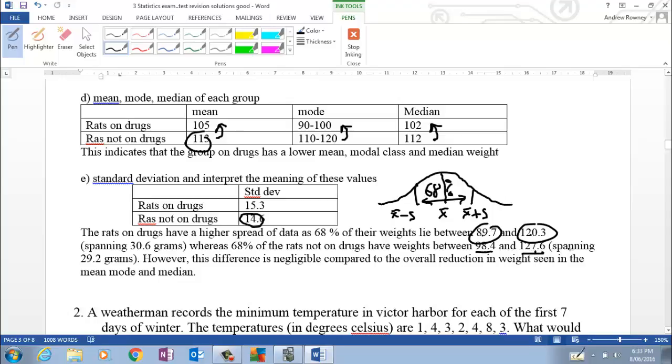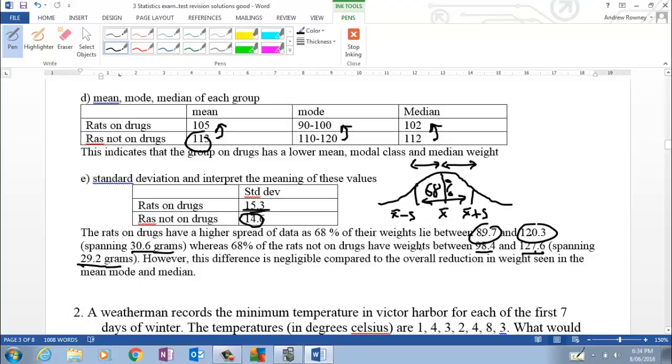It's very similar. The range of that one is only 29.2 because it's double 14.6, whereas the span of the other one is 30.6 because that's double the 15.3. Because one standard deviation is that amount, but we're talking about the span for 68%, so we're 2 standard deviations across. That's for 68% of the data.